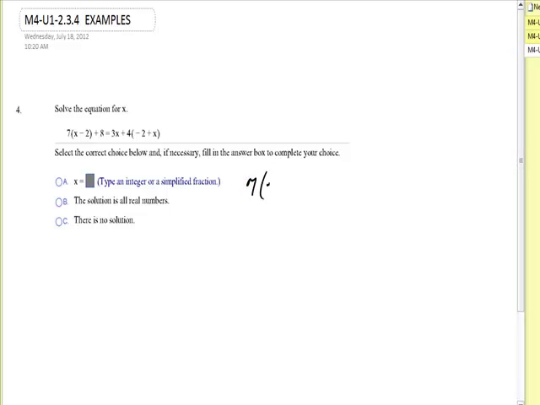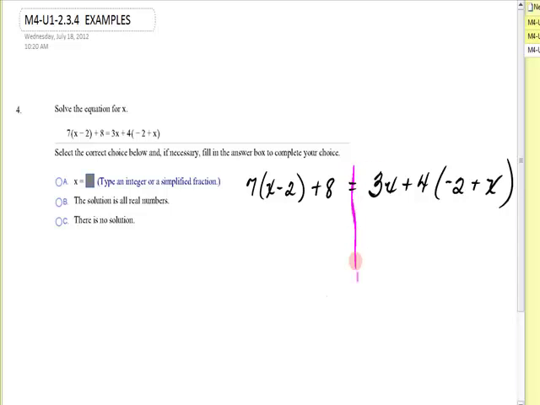I have 7 parentheses, x minus 2, plus 8 is equal to 3x plus 4 parentheses, negative 2 plus x. You can see that when the author makes up these problems, she has a tendency to make them look very complicated, and it's just a matter of more simplifying. Distributive property, I have 7x minus 14 plus 8, which is 7x, negative 14 and positive 8 is negative 6.